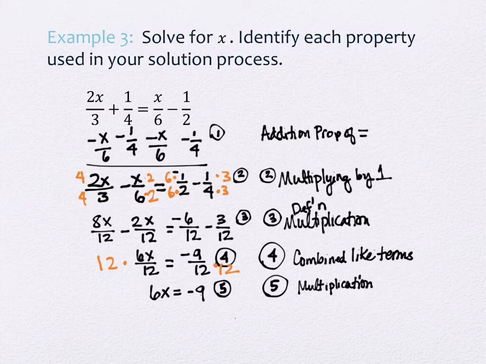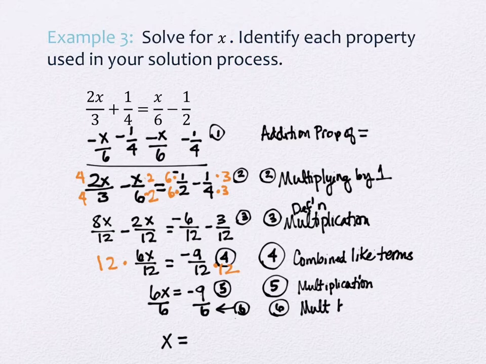What would I do next? Divide by 6 or multiply by 1/6 if you'd like. So x is going to be, this step right here is step 6. So again, that's actually a multiplication property of equality, because I'm multiplying by the same number, 1/6, on each side.